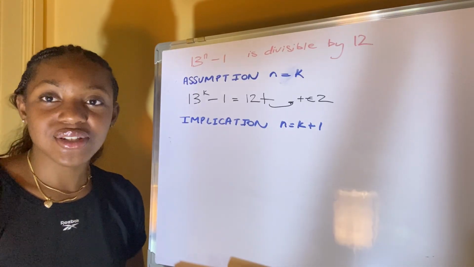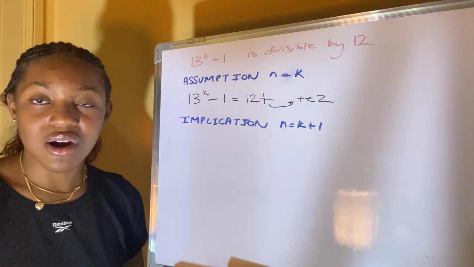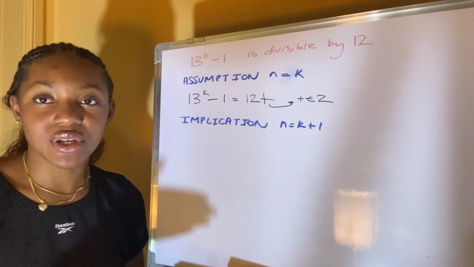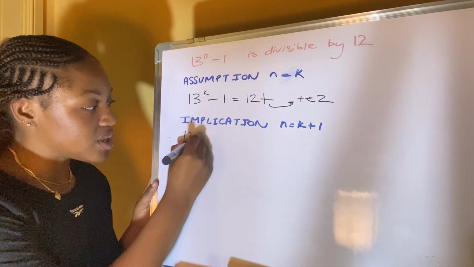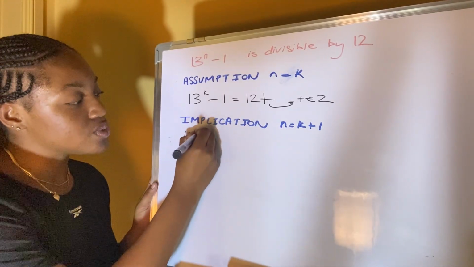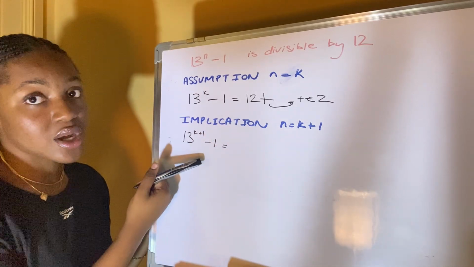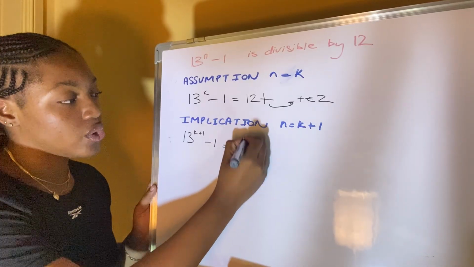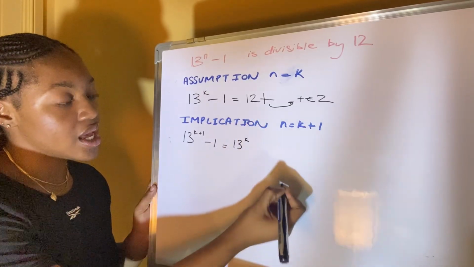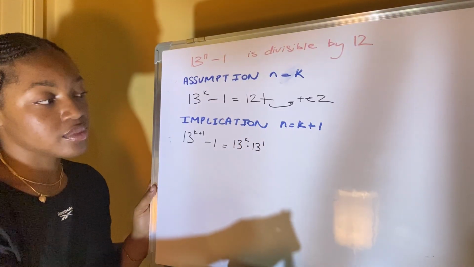So now we move down to the implication case, and this is where n is equal to k plus 1. Therefore, where was the n? We're going to put k plus 1. Wherever we see n, we're putting k plus 1. So we're going to have 13 to the k plus 1 minus 1. 13 to the k plus 1, using our indices law, we should know that this is equivalent to 13 to the k multiplied by 13 to the first power.